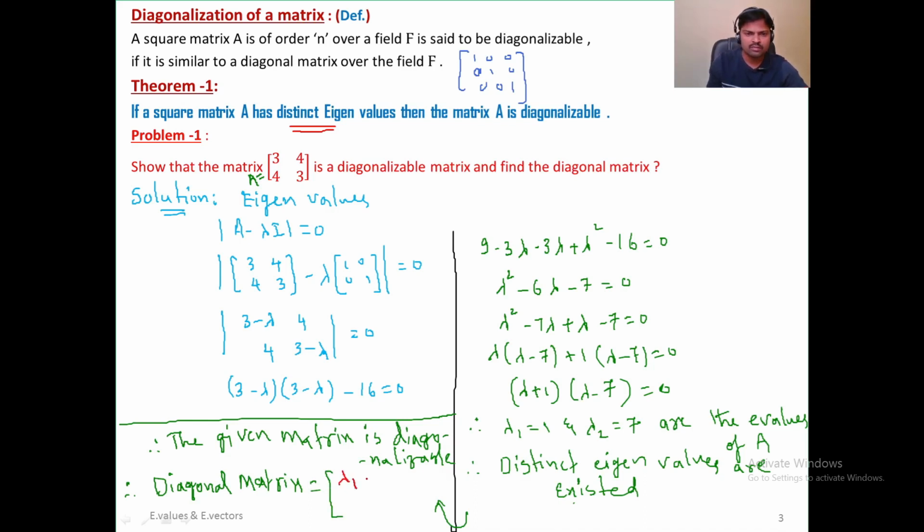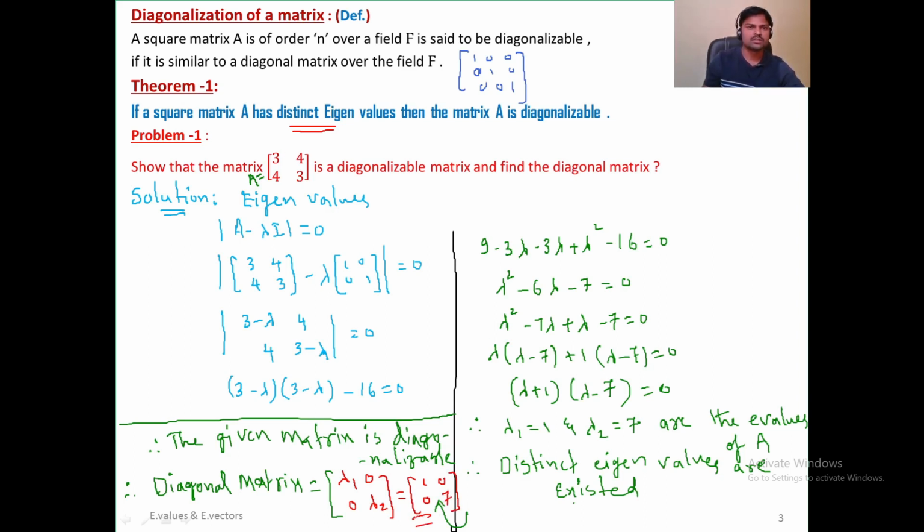Lambda 1 is the first eigenvalue and the second eigenvalue is lambda 2. So this is nothing but 1 0 0 7. So this is a diagonal matrix of the matrix 3 4 4 3.